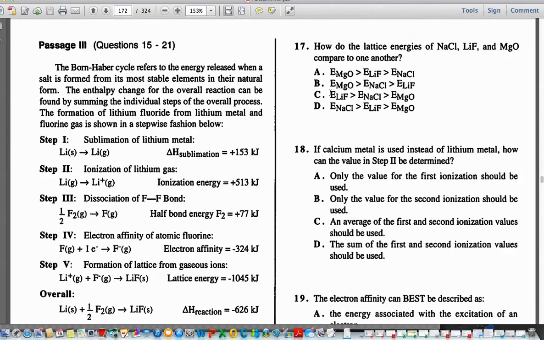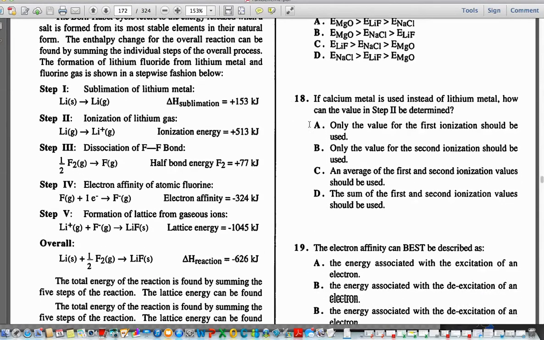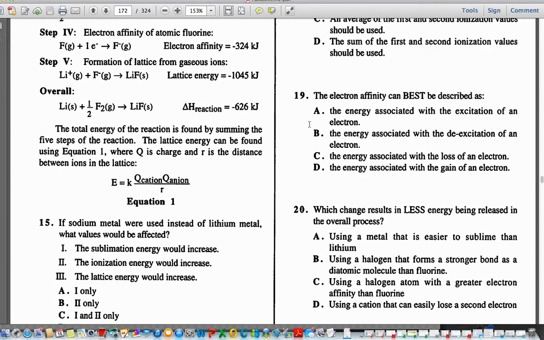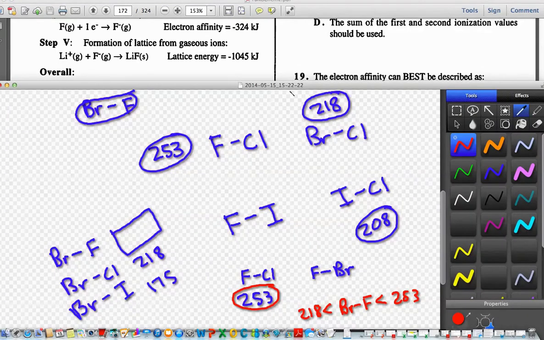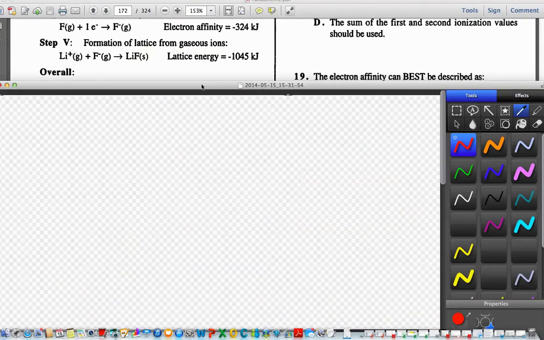All right, so we're going to look at the Born-Haber cycle. First question: if sodium metal was used instead of lithium metal, we can look at a couple of basic trends here. First trend we can look at is ionization energy.